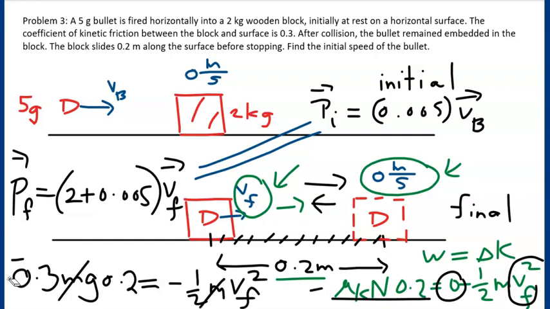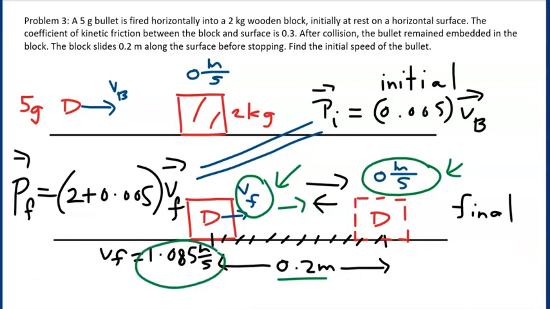So the mass cancels and you can find the takeoff speed, and the takeoff speed will turn out to be 1.085 meter per second.